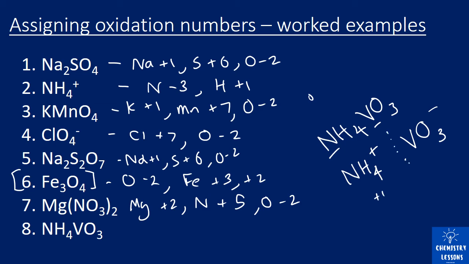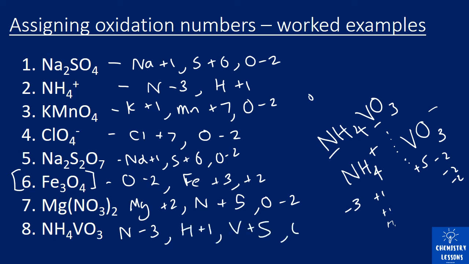Because hydrogen will always be +1, oxygen is going to be -2. So this V becomes +5, so I'm doing it in 2 halves here. So V becomes +5, and the N over here, I've got 4 of these, so the N must be -3. So N is -3. H is +1, V is +5, and O is -2.